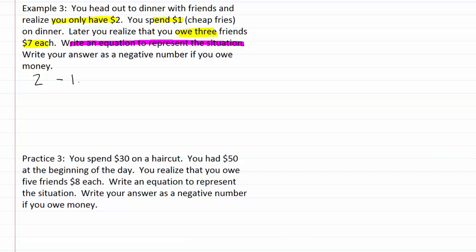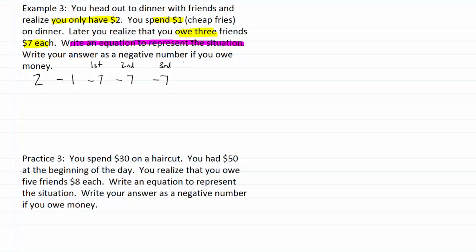Now I realize I owe 3 friends $7 each. So this is kind of interesting. We got a couple ways we can think about it. If you owe a friend $7, you could subtract 7 3 times. So I subtract 7 for one friend, the second friend, and the third friend. So this is my first friend, my second, and my third.